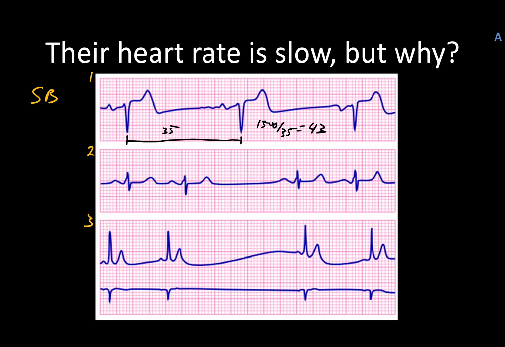Now for number 2 and number 3, what we need to do is actually measure the distance of the P to P. And what we're looking for is that the gap P to P is exactly 2 times the previous. And so to do that, we'll swap colors again, and we'll say that ours starts right about here, about halfway through, and it probably ends about right there.